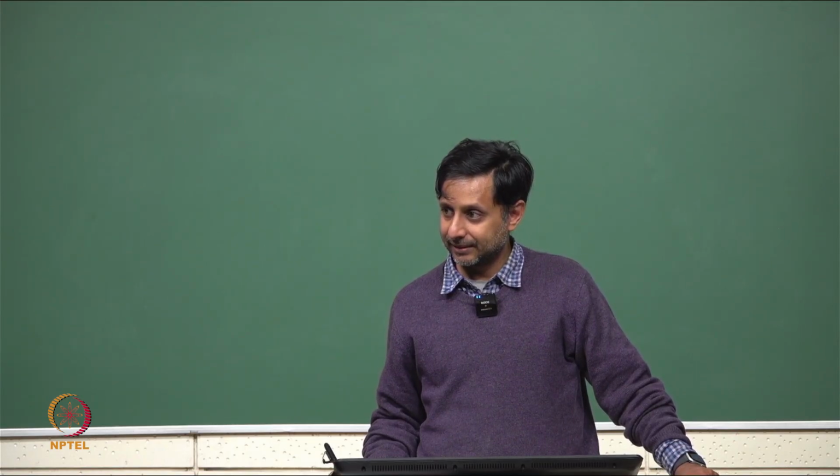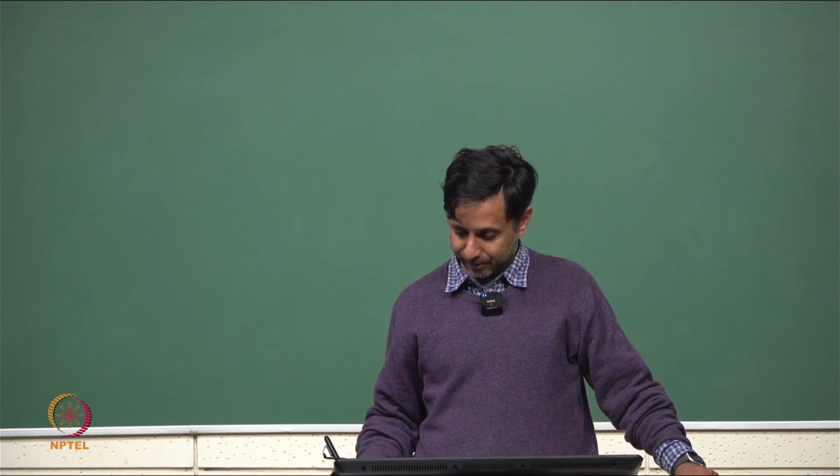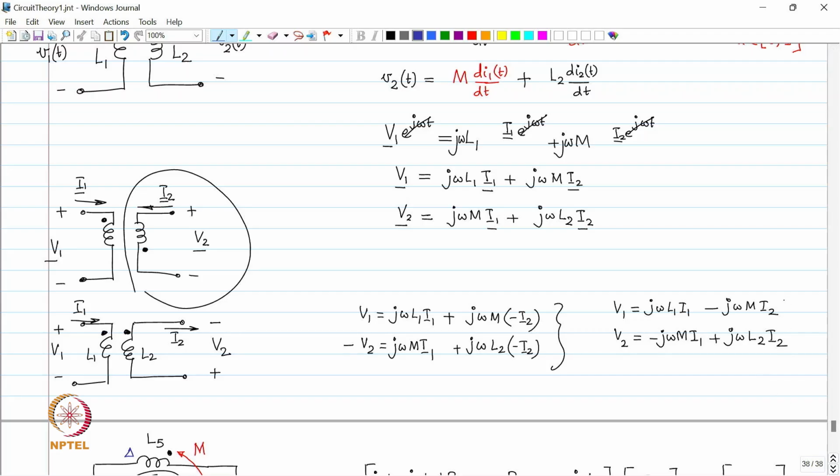You will not be able to write this. This is a KVL effectively. In the node method, the KCL is going to become a little difficult to operate with mutual inductances. So, avoid node method, try to use mesh method when you have mutuals.